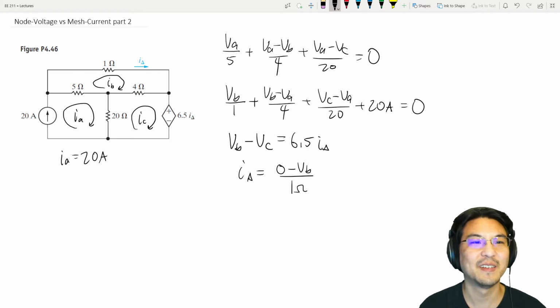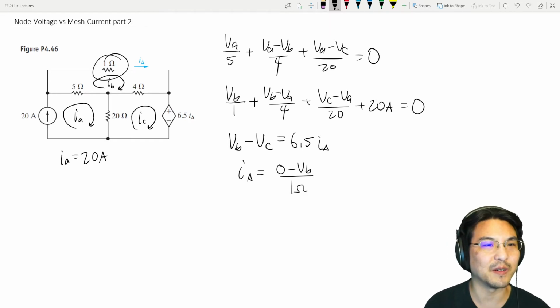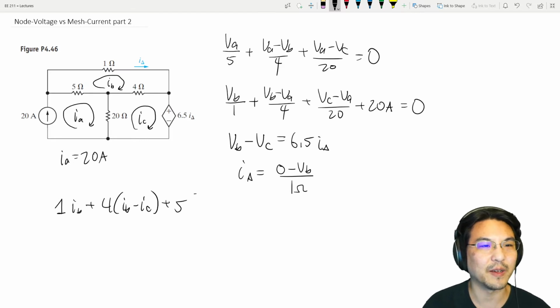That was easy. So really we just have two more mesh currents to solve. Let's go with mesh B. I'll start over here and go clockwise. So here, 1 ohm IB, over here, 4 IB minus IC. Now we're over here, 5 IB minus IA.